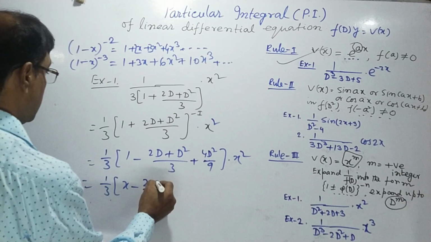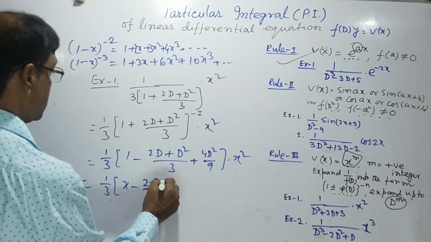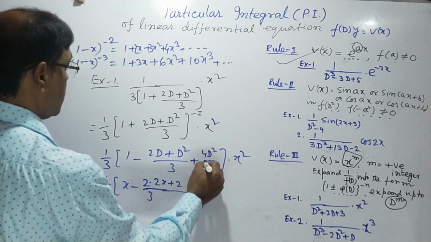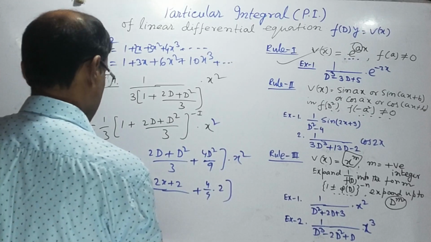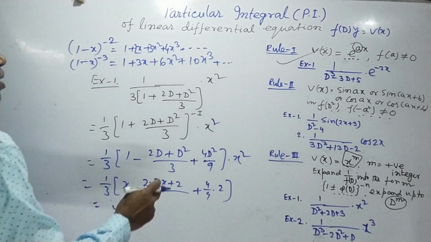So this is 2 into 2x plus 2, and plus 4 by 9 into 2. So you get the result.